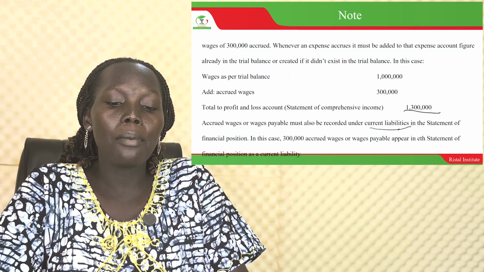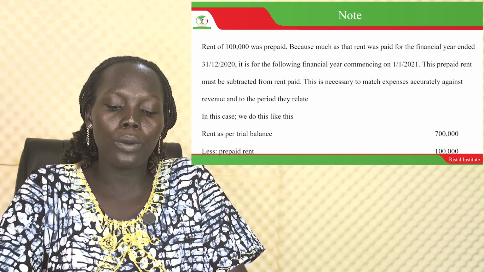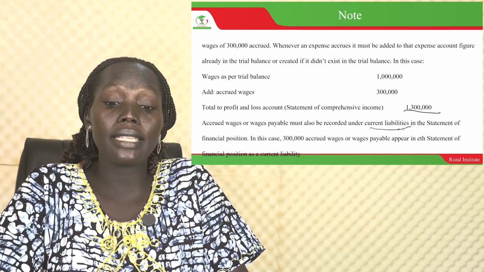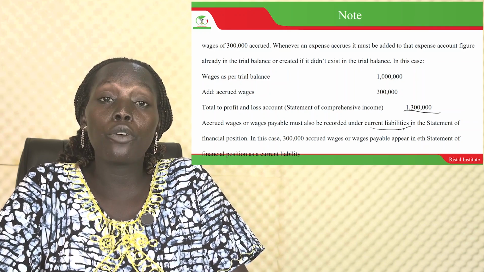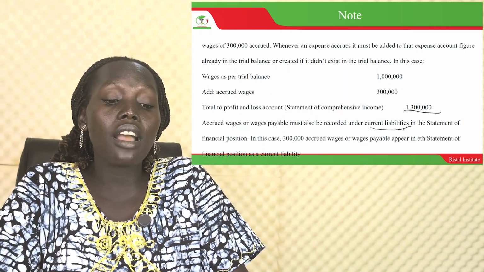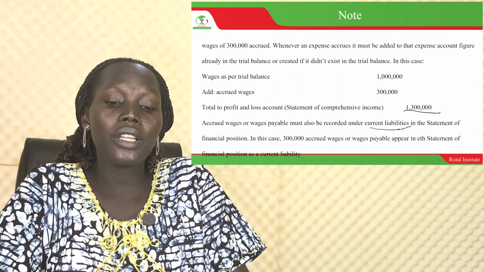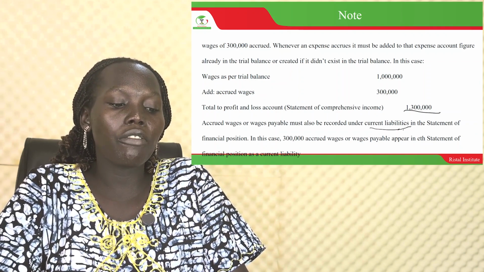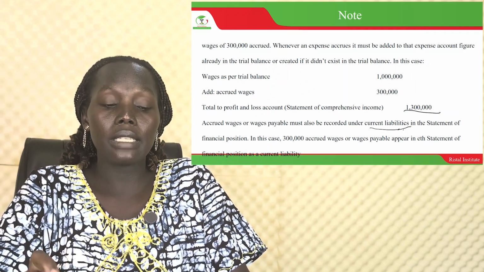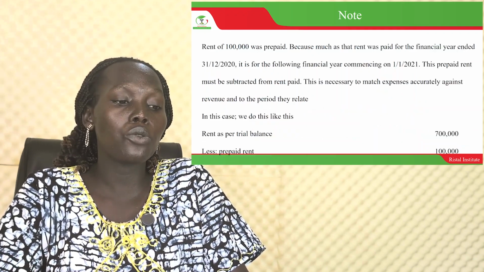So all the payables, we put them under current liabilities. So in the statement of financial position, that is our balance sheet, the 300 accrued wages or the wages payable appear as a current liability. So that is one about wages.